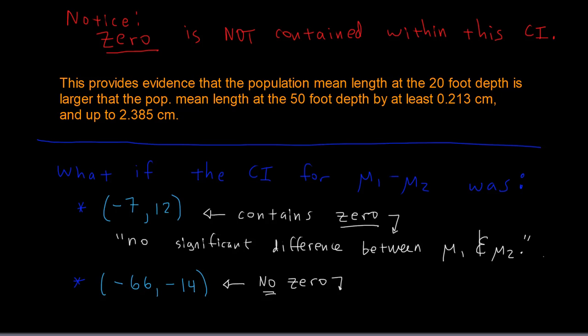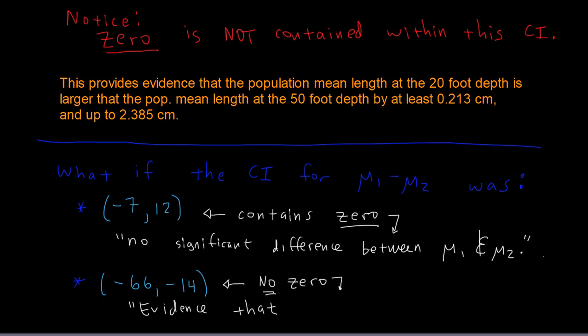So we would say that there's evidence that, well, which one would be bigger? Because there's no 0 in that interval, there's evidence that they are not the same. So which one's bigger? Because these are both negative values, that must mean that the value that was subtracted from the first value must have been larger.